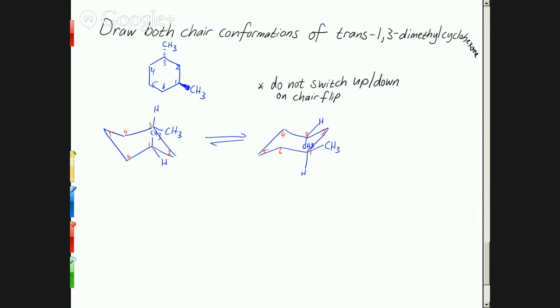On the chair flip, CH3 on number 1 was up in the flat structure, it's up in chair number 1, and it's up in chair number 2. This is a common source of confusion because we have this whole axial equatorial switching business. Don't worry about that. Up has to stay up, down has to stay down. If that's the case, you'll be fine.